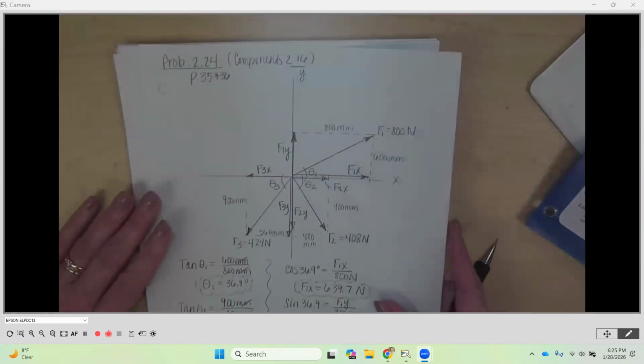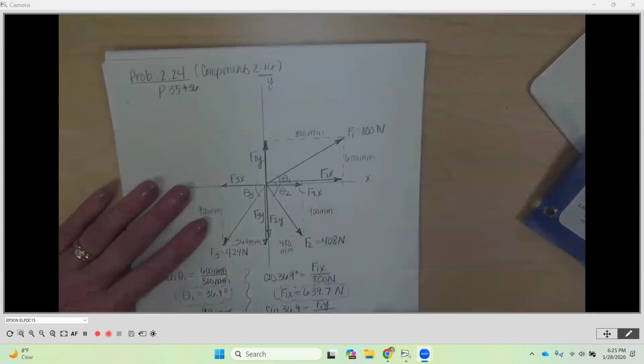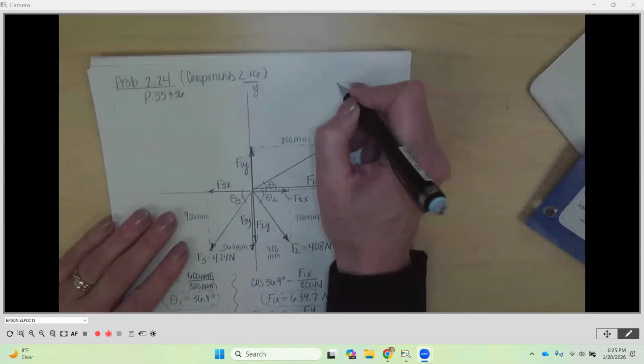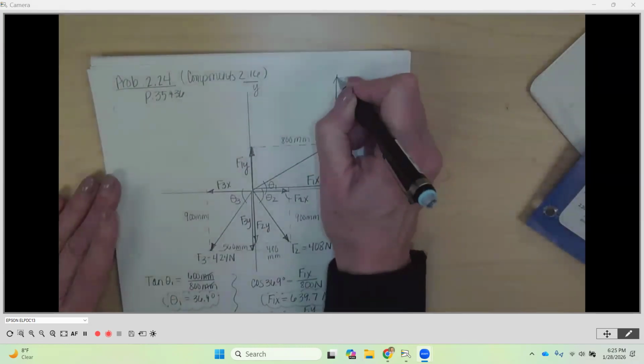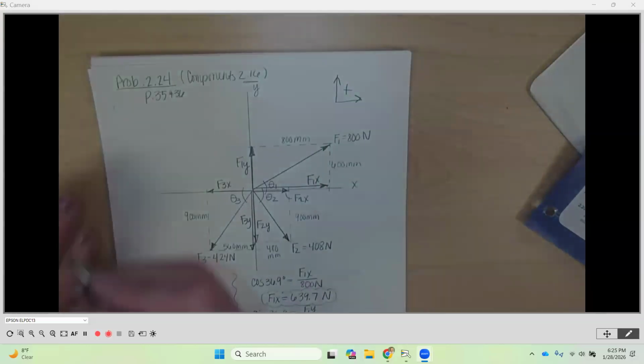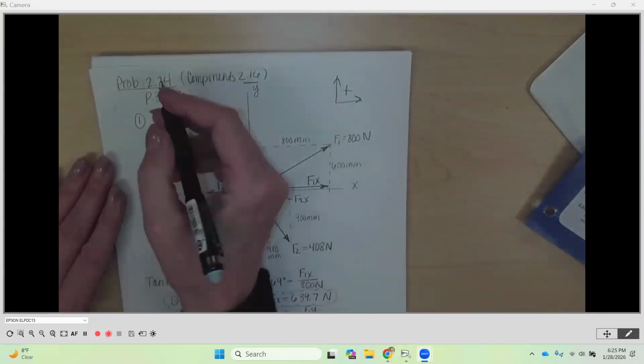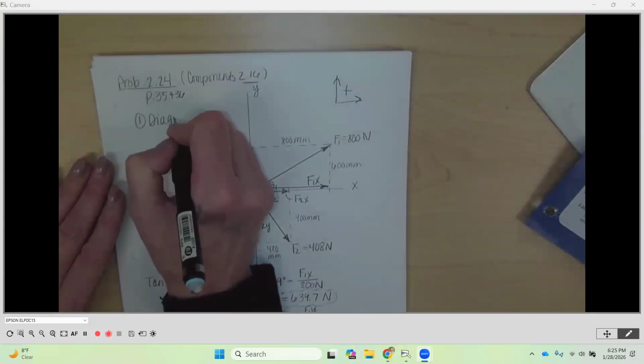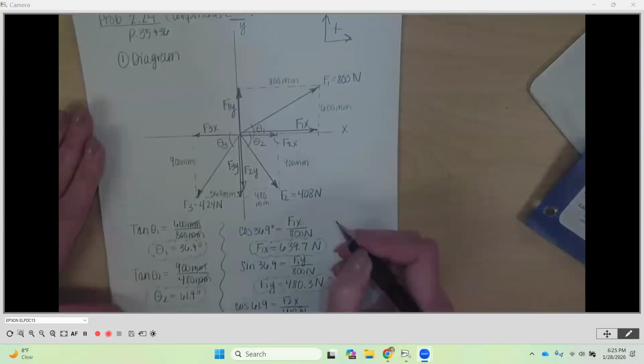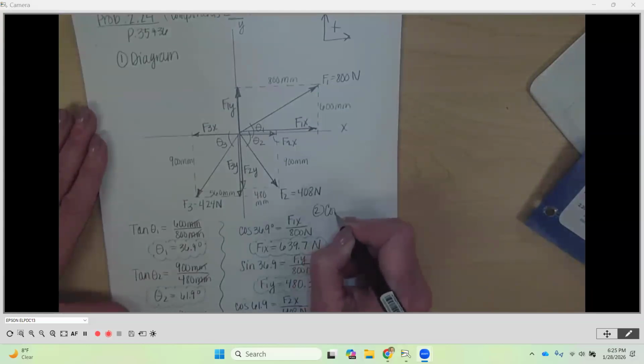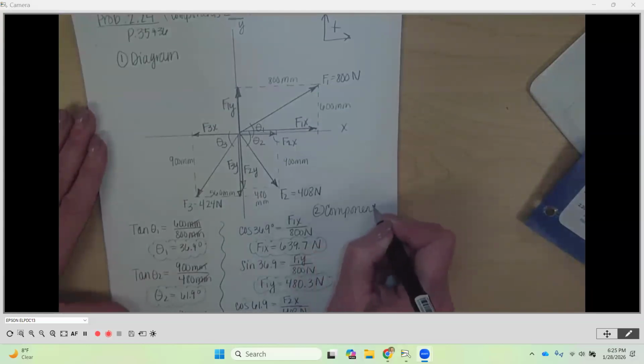All we need to add here for our next step is our convention in the upper right-hand corner. I'm going to call this step number 1 diagram, and step number 2 components.